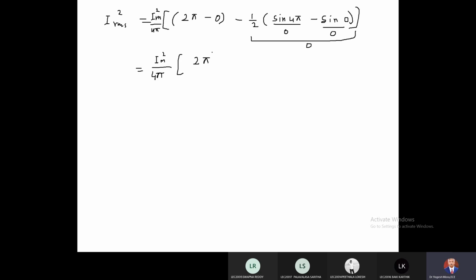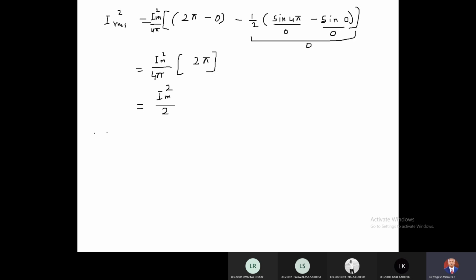So we will get only 2 pi. So this will be Im square by 2.